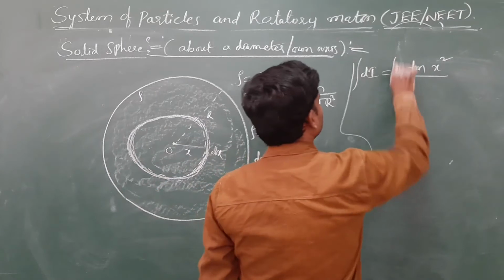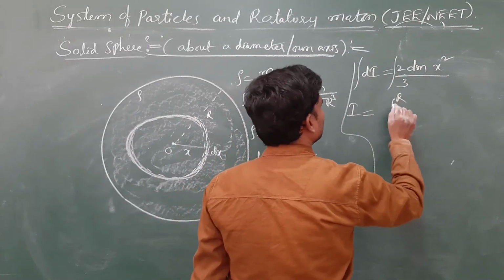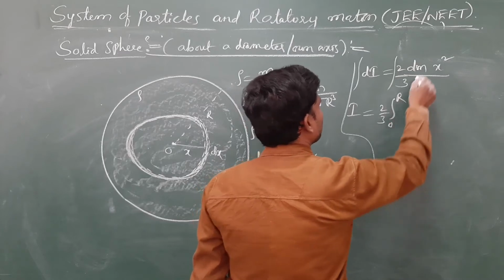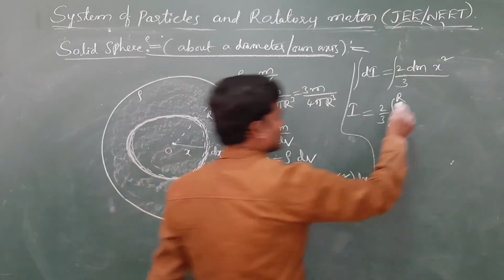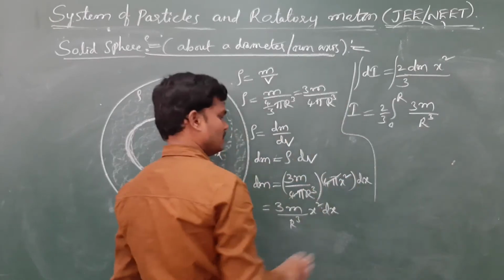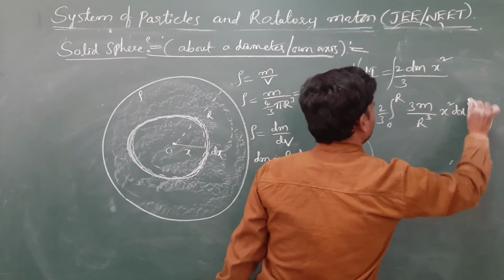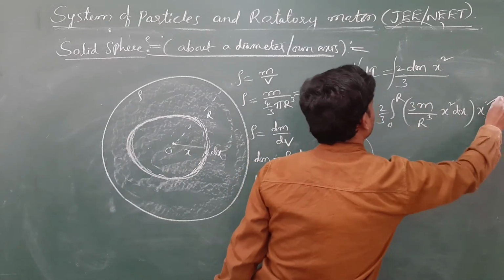And substitute the limits. This is I from 0 to r, with 2 by 3 outside. dm is 3m by r cube x square dx, times x square.